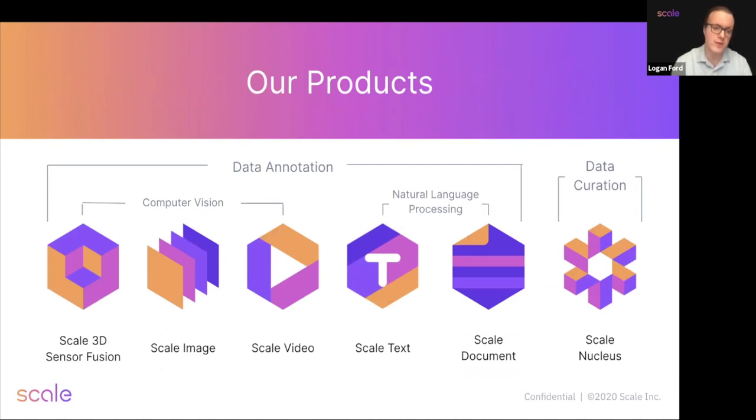And just an overview of some of our products, we do labeling through all sorts of modalities, all the way from 3D sensor fusion to documents, images, videos. And we also have other products such as Scale Nucleus for data curation. If you saw our last tech talk, talking about how we are able to debug some of the semantic failure modes of models through Scale Nucleus.